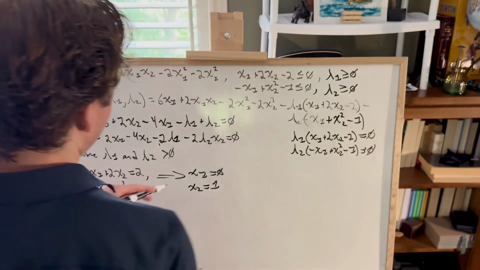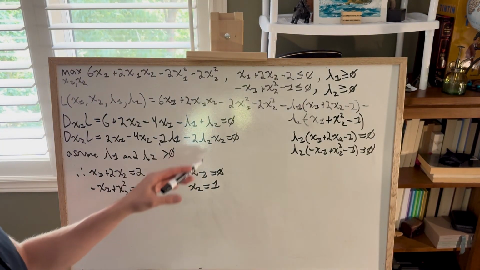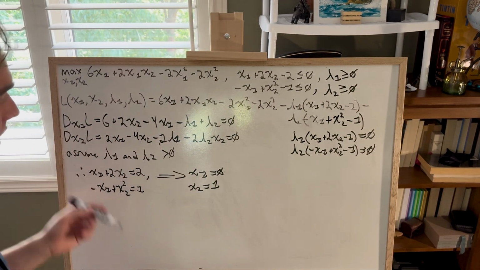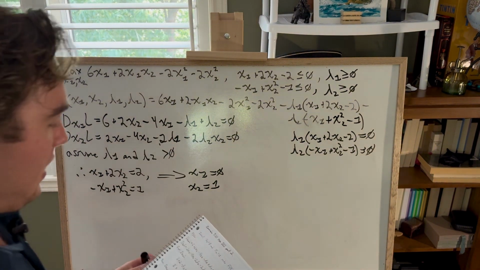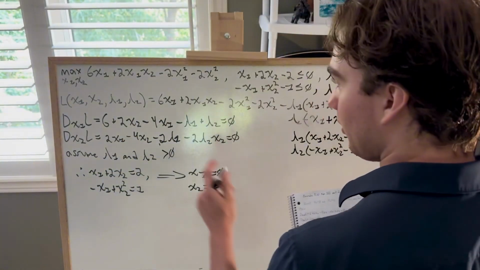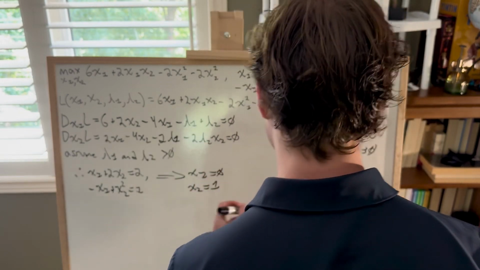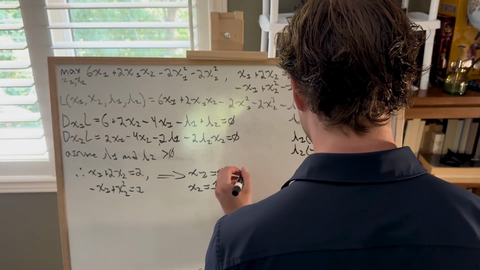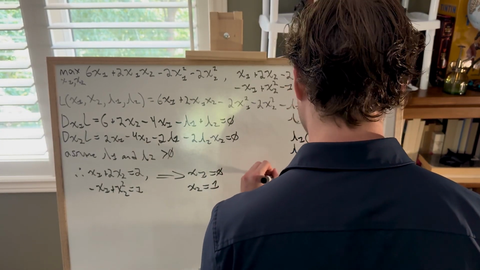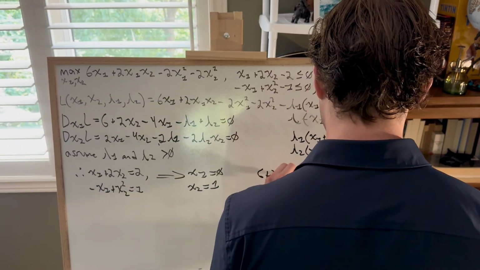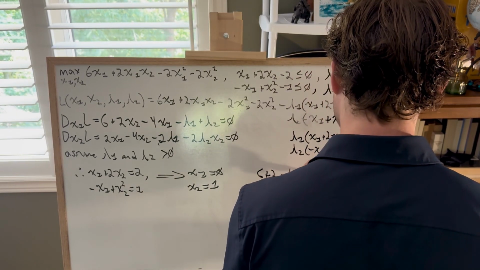So now we're going to insert these points back into the FOCs, and then we're going to solve for the Lagrangians. So for dx1L, it is going to fall to 6 plus 2 less Lagrangian 1 plus Lagrangian 2 equals 0.